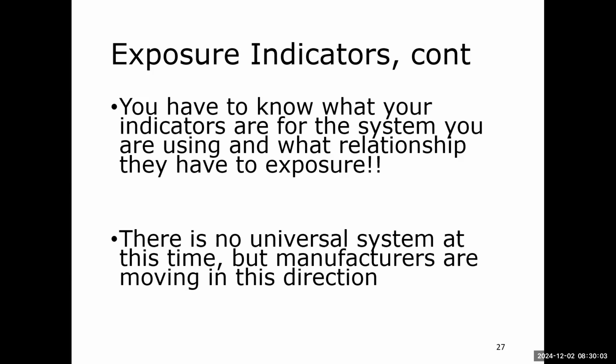I know that it is inversely related. So if your S value is high, that would mean that you were underexposed. So if you have that backwards, that's bad, right? You would be changing your technique in the wrong direction. So there are still places out there, and I say still, but new equipment is coming out that uses S values. So that is an inverse type of relationship.